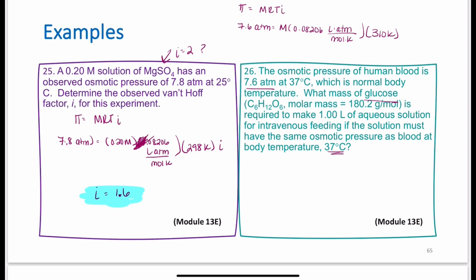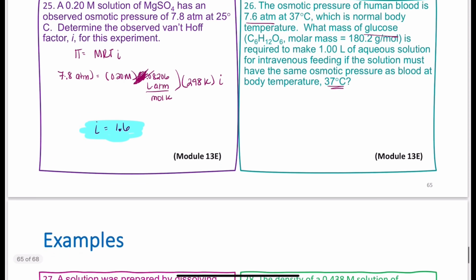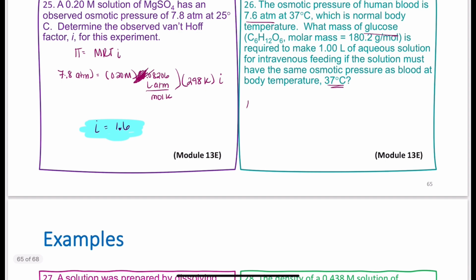And I know that glucose is a non-electrolyte, so i is going to be equal to 1. Solve for the molarity here, and I get a molarity of 0.299 molar. So in order to get that pressure, I'm going to need 0.299 molar. I'm going to use that to find the grams.